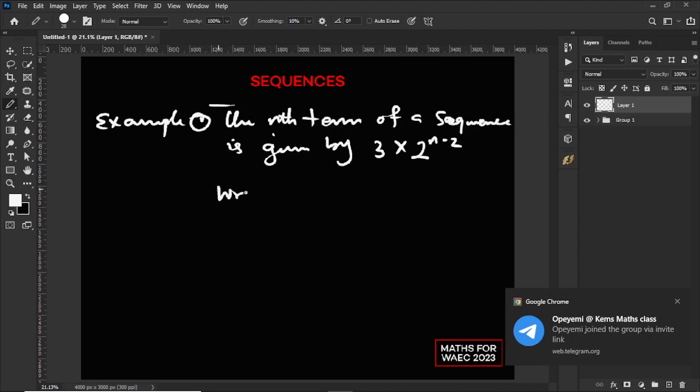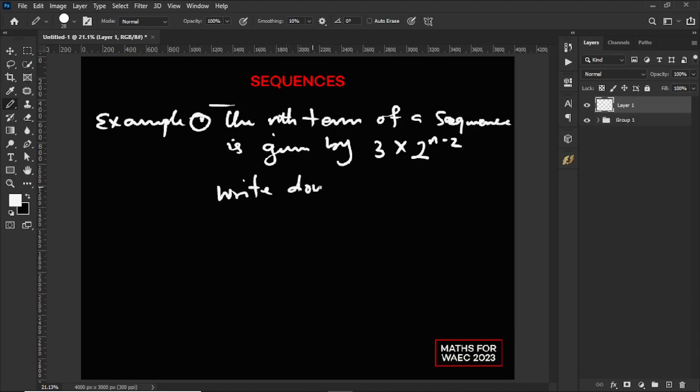Write down the first 3 terms of the sequence.